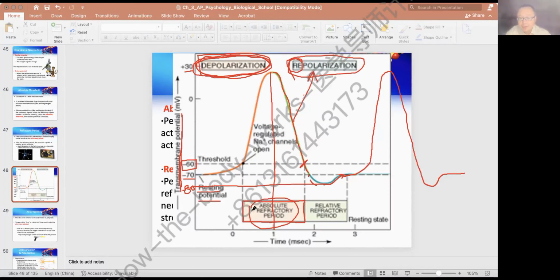So this period is called absolute refractory period. So which means if you stimulate the nerve cell, it will have no response, and you cannot make it excited again.